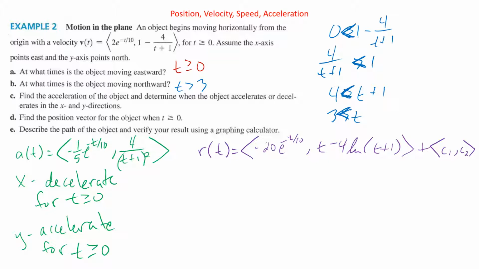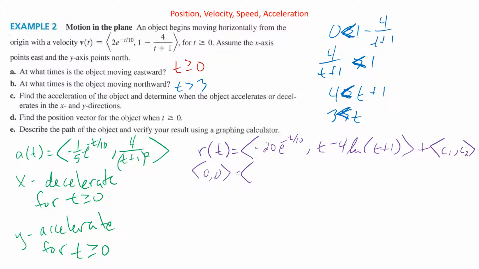And now we can figure out what those c's are going to be and then add them in. It says it starts from the origin, so it'll start from 0, 0. So if we plug in 0, because the time would be 0, we should get 0, 0. Here we get negative 20.